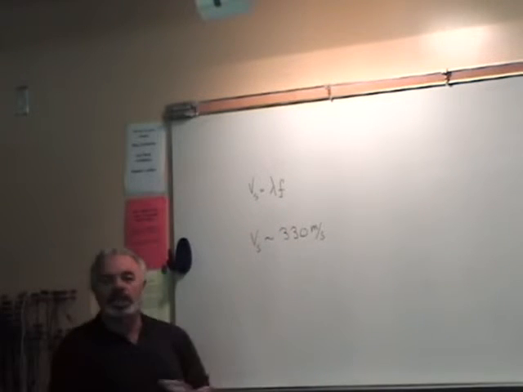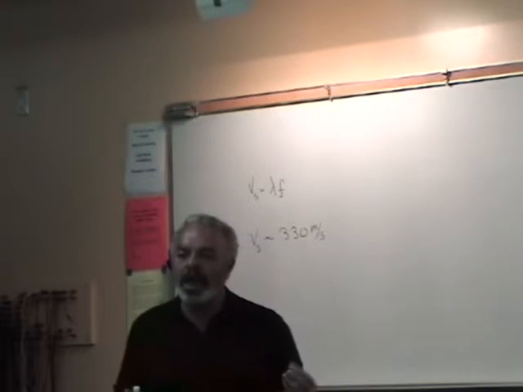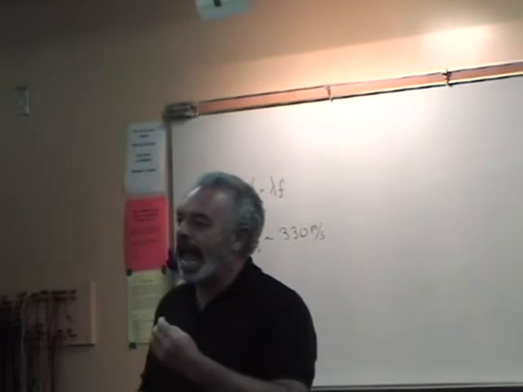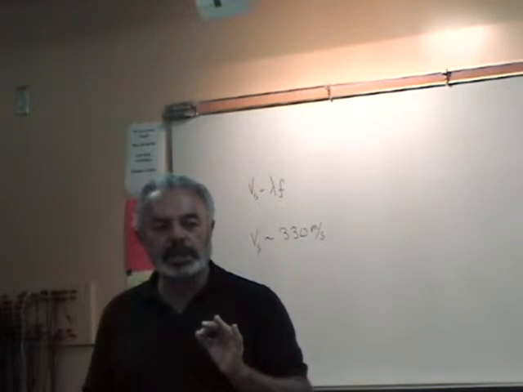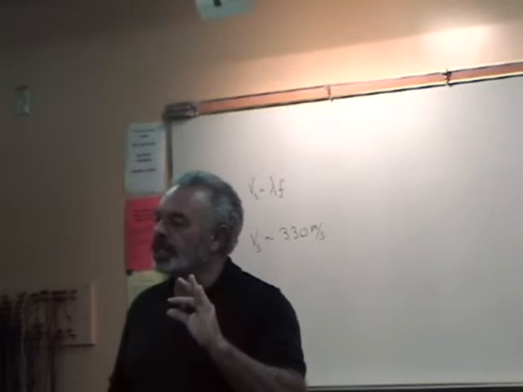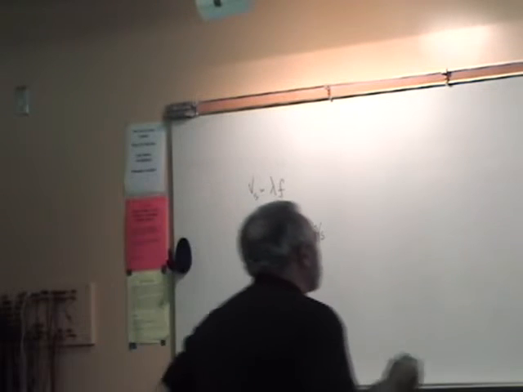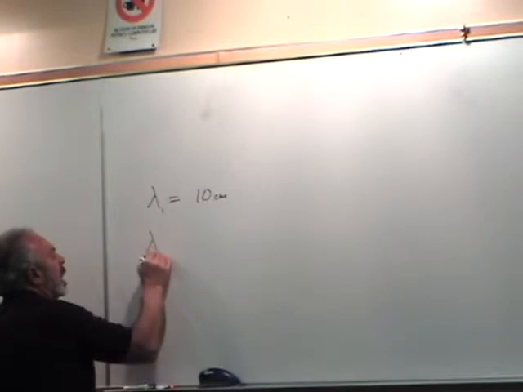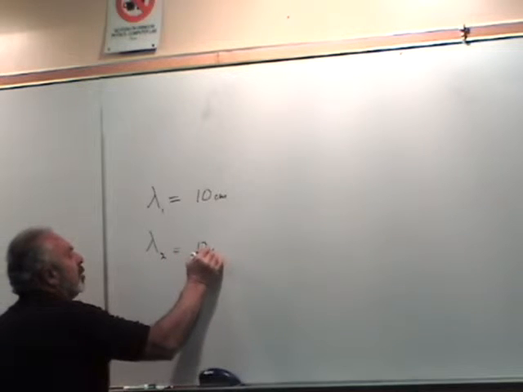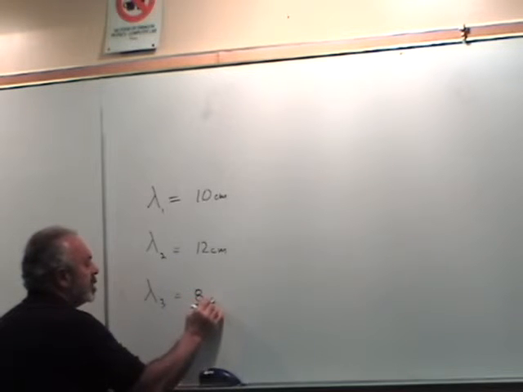You're measuring the wavelengths. Measure the wavelength several times for each tuning fork, and then probably the best thing to do would be to average that wavelength plus or minus a reasonable uncertainty, which could be based on the range of your values. If you get lambda is 10 centimeters for the first run, the second run, you get 12 centimeters, and the third run, I'll make it easy, 8 centimeters.